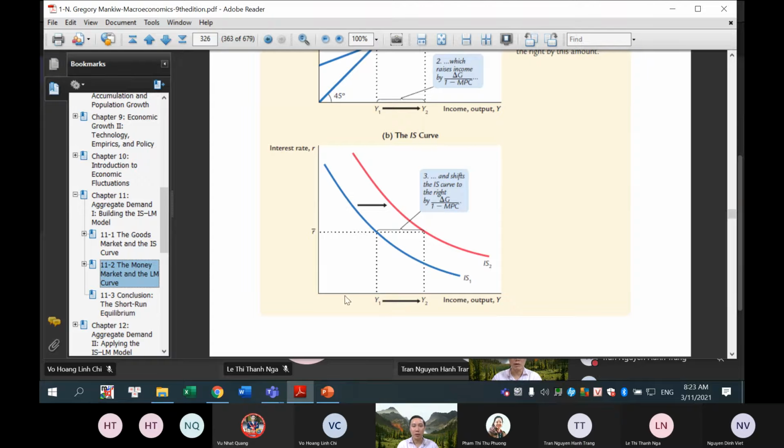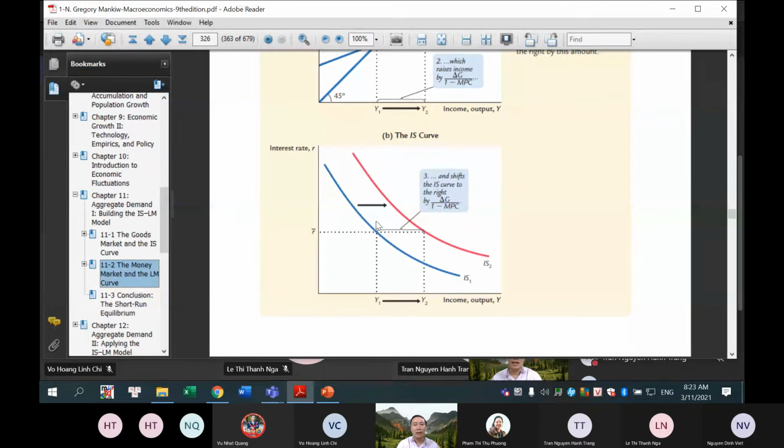So the new equilibrium output should be Y2, smaller than Y1. It means that the equilibrium will shift leftwards along the IS curve. So that is the meaning of the IS curve. It slopes downward. It means that the interest rate and the output have a negative relationship.